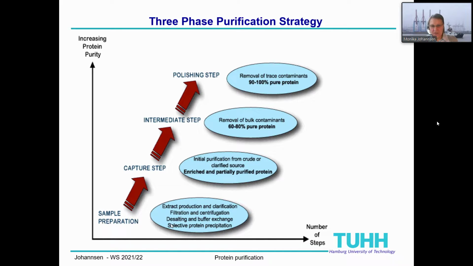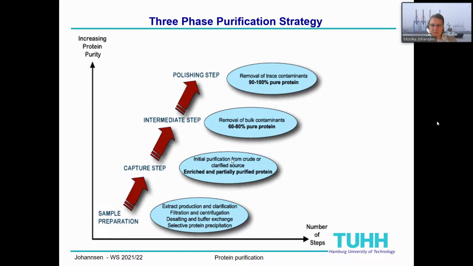We will have a desalting step here. We can have a buffer exchange, and perhaps we are able to precipitate some proteins selectively, but that's only sometimes possible. Then we have another capture step.